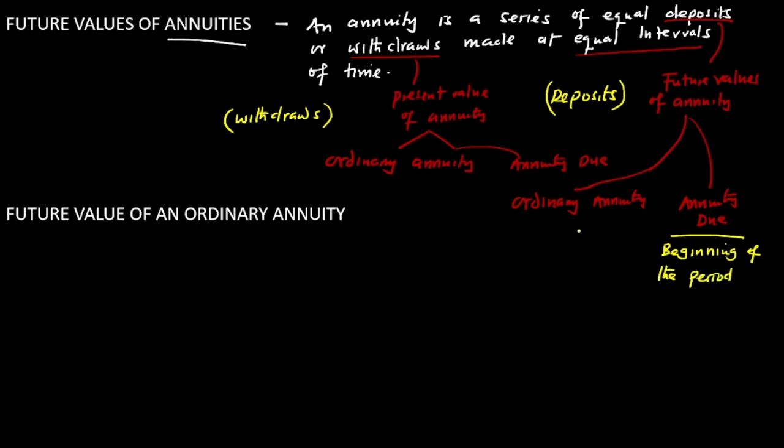For the ordinary annuity, deposits are made at the end of a period.